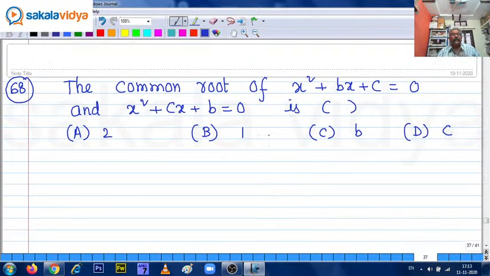So the common root of these two equations we need to find out.